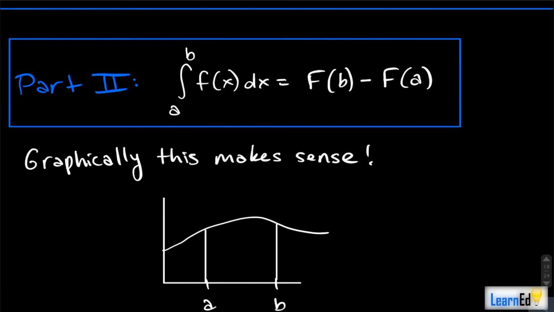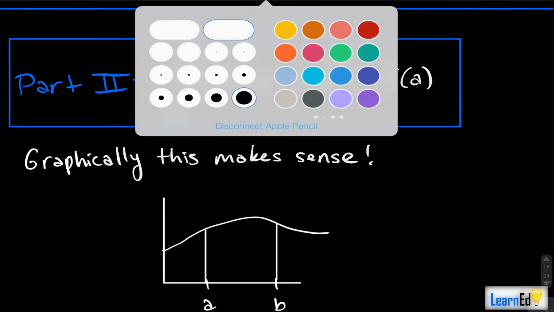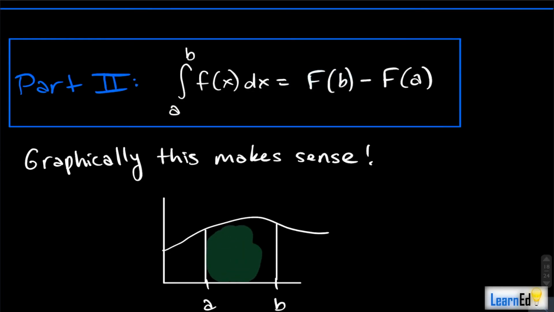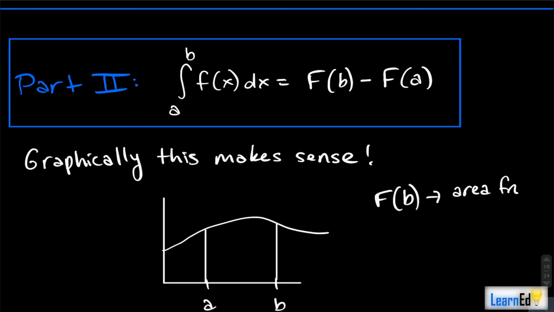Okay, so I can describe this graphically, and the reason why is because the integral from a to b is supposed to give you the area right here, right? Well, with the antiderivative function F of b, when you plug in b to the antiderivative function, this is the area from 0 to b. Okay?